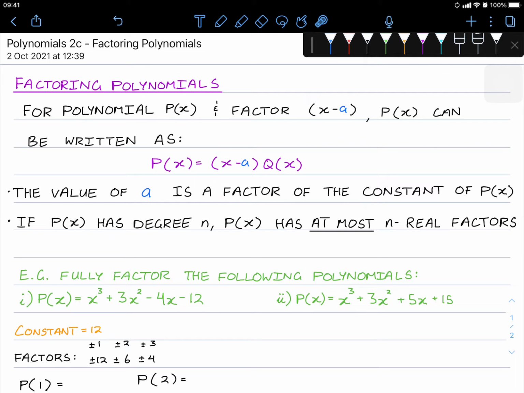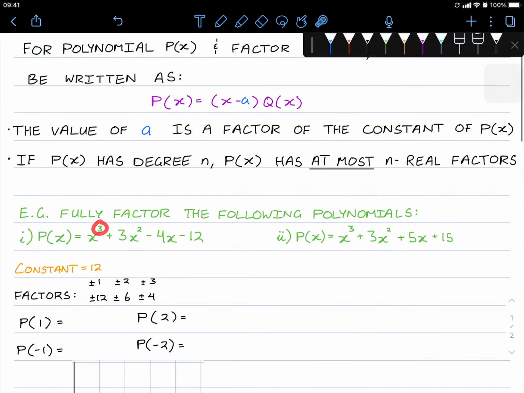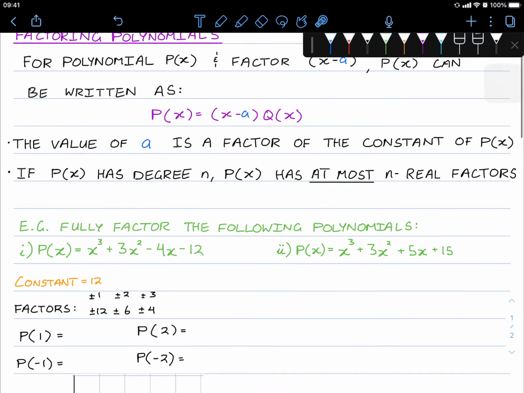I'll demonstrate that to you in a moment. And if p of x has degree n, then the polynomial has at most n real factors. So if it's degree 3, we can factor it into 3 brackets. That's what this last statement means.